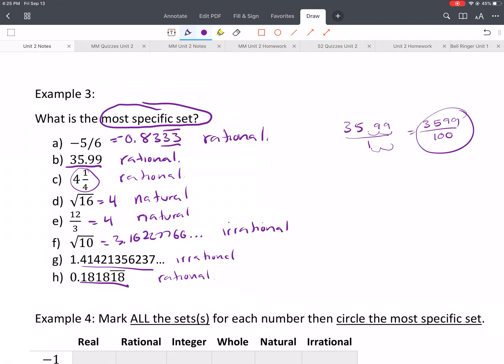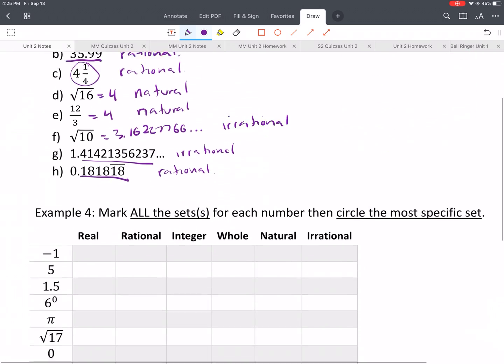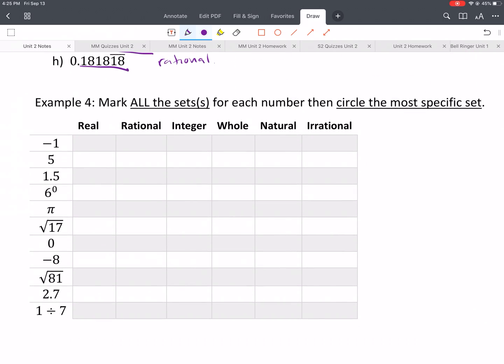Okay, next, this is more like mark all sets. So -1: it's real, yes, it's rational, and it is an integer.